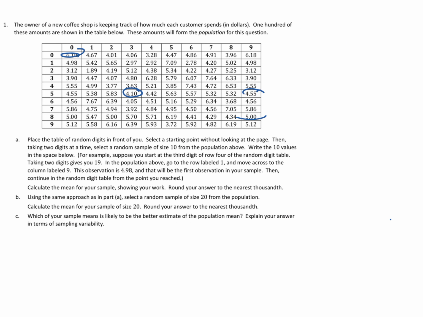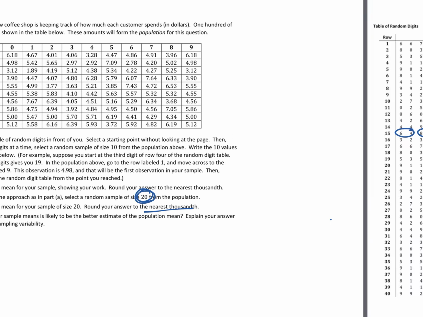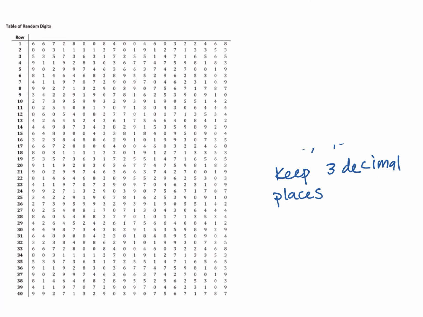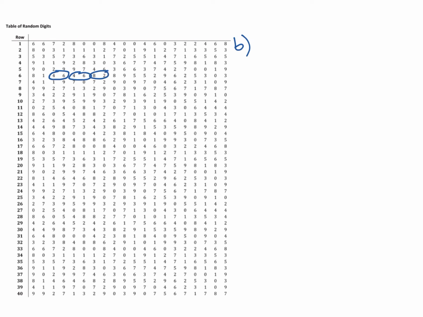For part B, you are going to use that same random table, and this time you're going to select 20 values from the population and then round to the nearest thousandth. So the way it would look for B is you would start again and you would place your pen somewhere on the paper and you would do 20 of these. There's 3, you need 20.